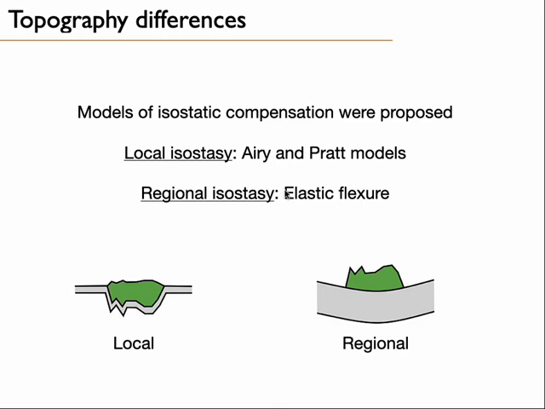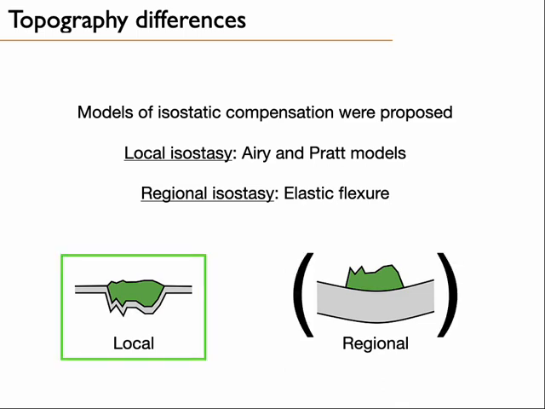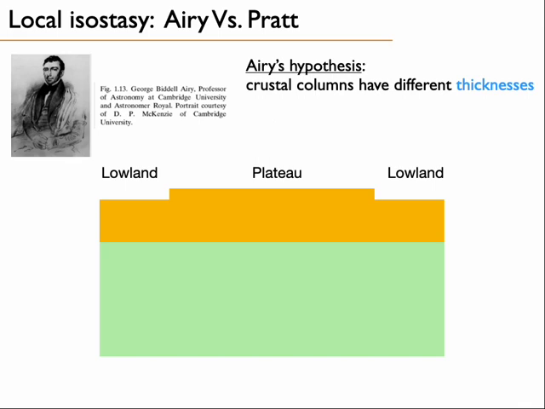These are based on elastic flexure. So what we discuss in this lecture will be local models, and the regional isostatic models will be left out for the lectures of master level. So let's discuss the model of Airy versus the model of Pratt.